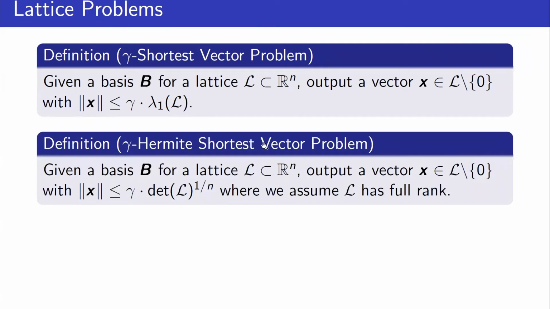And similarly, for the approximate Hermite shortest vector problem, given a lattice, we want a non-zero lattice vector whose length is bounded by the approximation factor gamma times the normalized determinant, the determinant raised to 1 over n. Over here, we assume that the lattice has full rank, so its rank equals the dimension n.